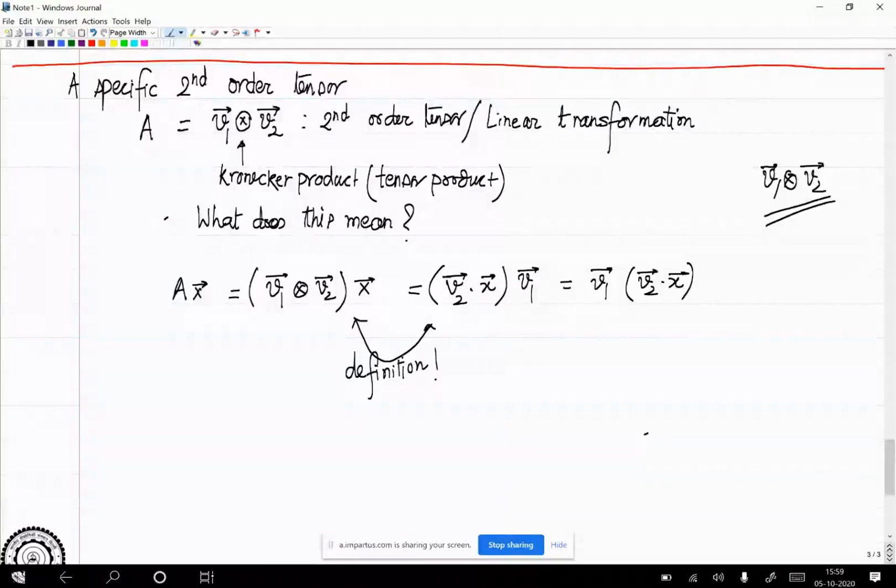It takes a vector and gives you a vector. But I was talking about this thing itself, V1 tensor product V2. Is this a vector? This is not a vector. This multiplied with X is a vector.